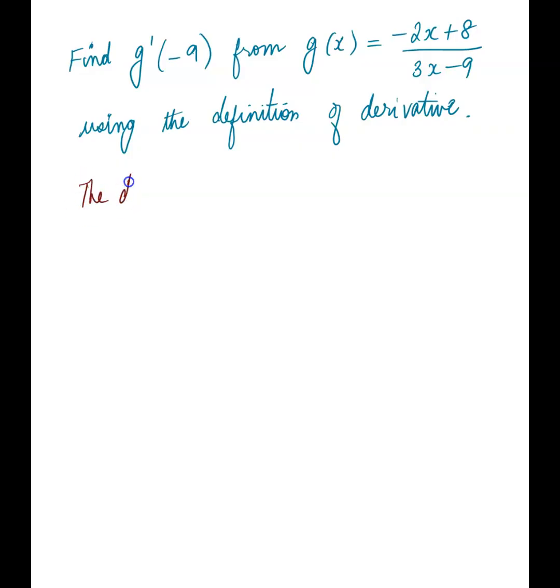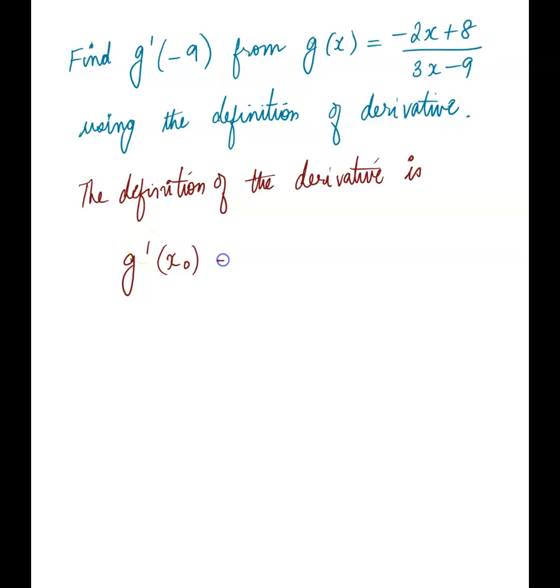So we will just go back and define this. The definition of the derivative is, so I'm going to write the definition using g. So instead of f prime, I now have g prime. G prime of x naught is limit h approaches 0, g of x naught plus h minus g of x naught all over h.